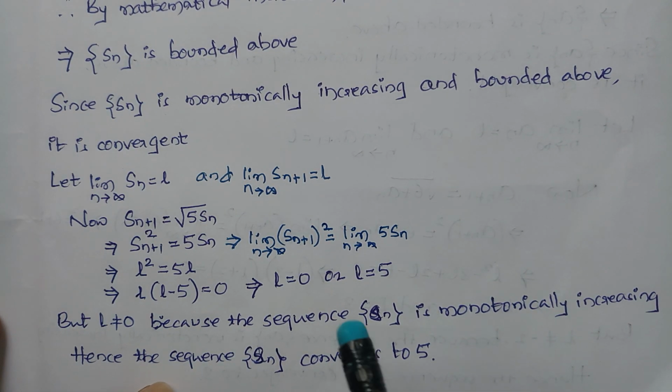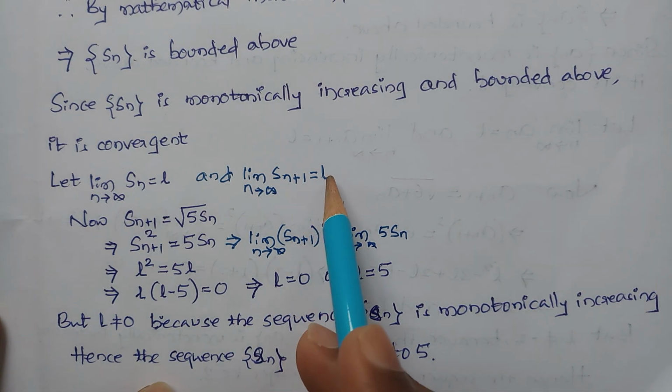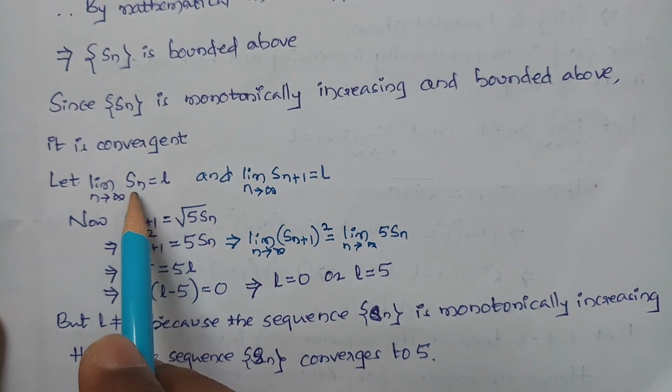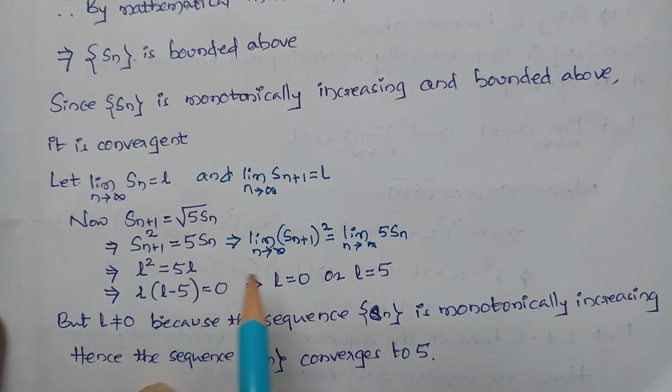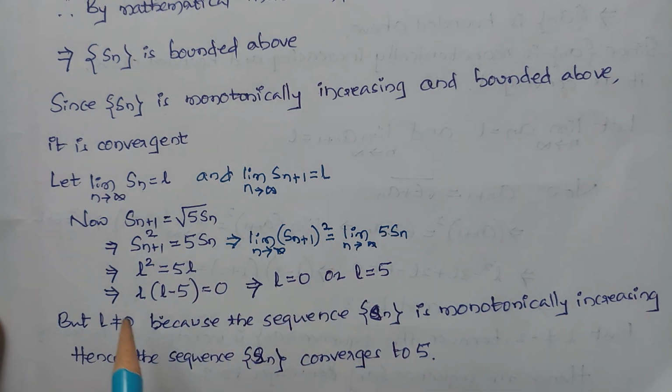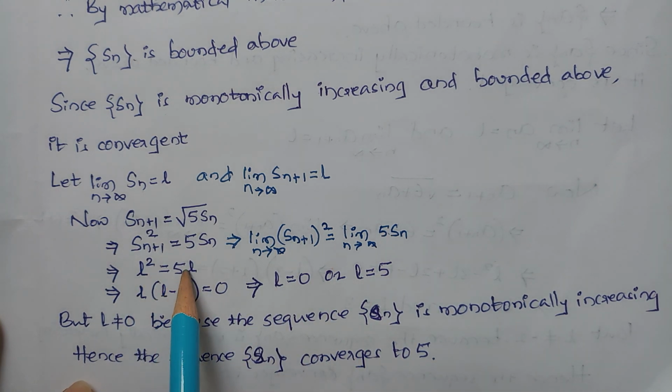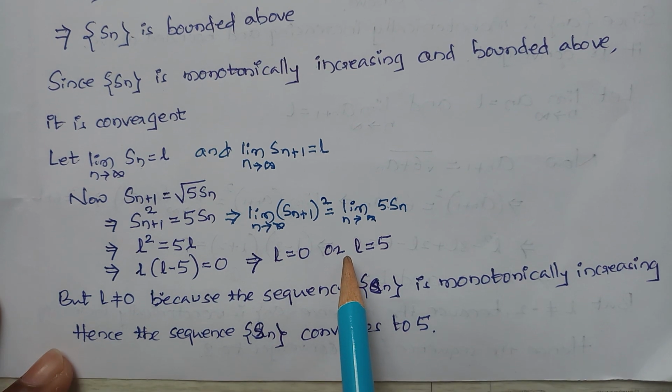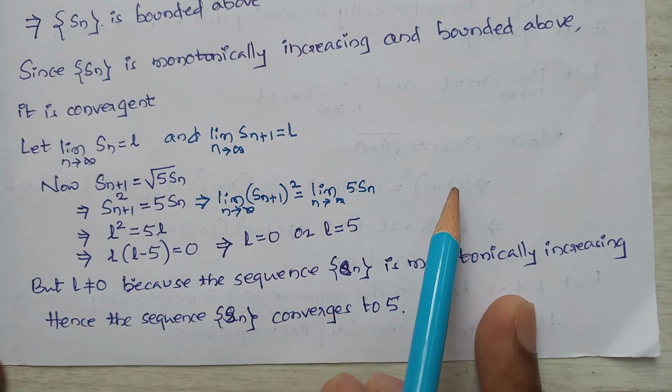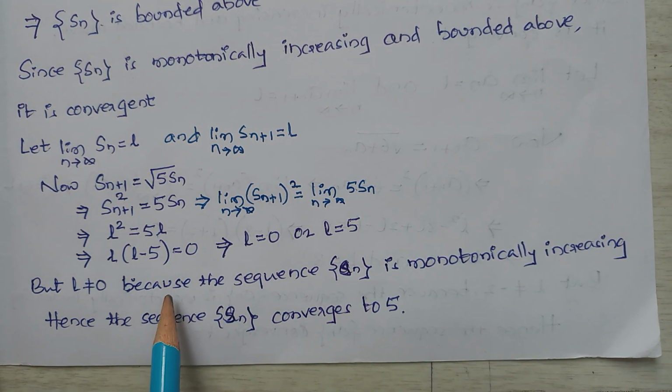You know that limit of Sn plus 1 is L, and limit of Sn is L. Replacing the values, it becomes L squared equals phi L, so L squared minus phi L is equal to 0. Taking L common, L into L minus phi is equal to 0. That implies L is equal to 0 or L is equal to phi. But L is not equal to 0 because the sequence is monotonically increasing.